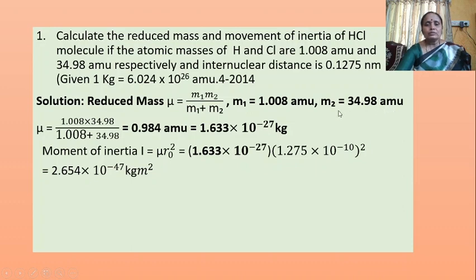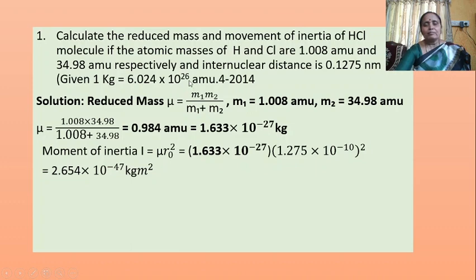Now when I substitute this in the formula m1 m2 by m1 plus m2, I will get the value as 0.984 atomic mass unit. But students, this has to be converted into kg. I know 1 kg is given as 6.024 into 10 raised to 26 atomic mass unit.